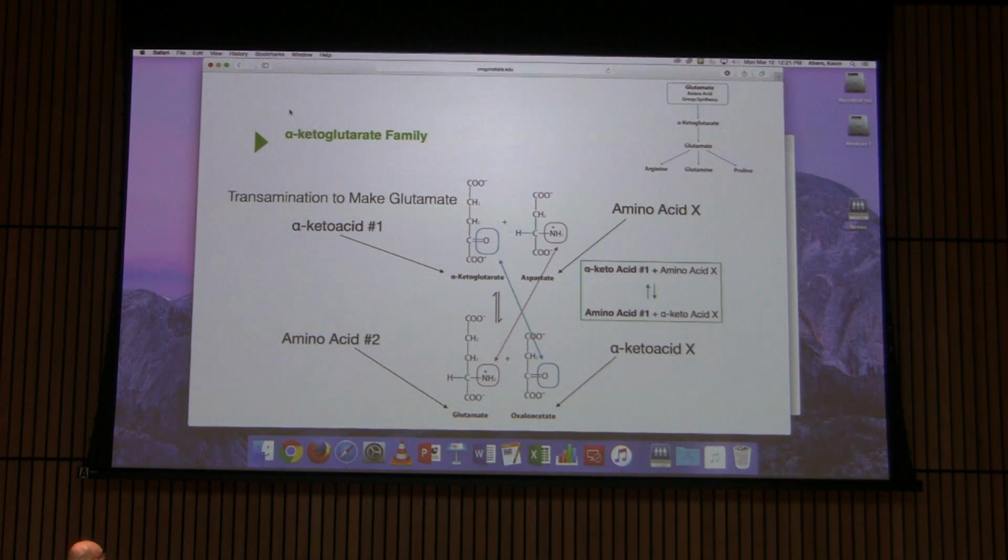Because you can see here we start with an amine, and by the way, an amine is an NH2 attached to something. We start with an amine, or NH3 plus in aqueous solution, and we end up with an amine, so it's attached to something, we don't see it released out into the aqueous environment. That's where ammonia and ammonium ions become problematic.